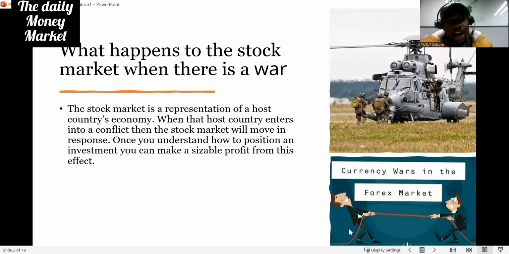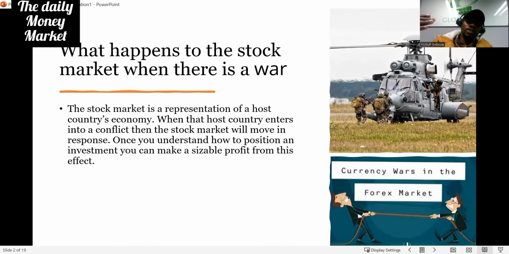So what happens to the stock market when there is a conflict happening in the world, right? The conflict that we've seen already in Ukraine increased a lot of things. We're already witnessing another conflict being started. So the stock market is the representation of the host of the country's economy.